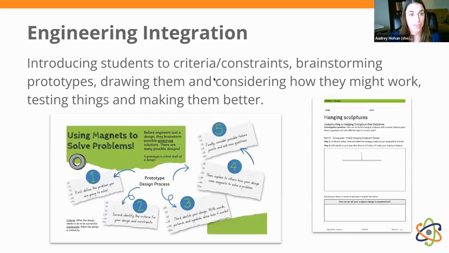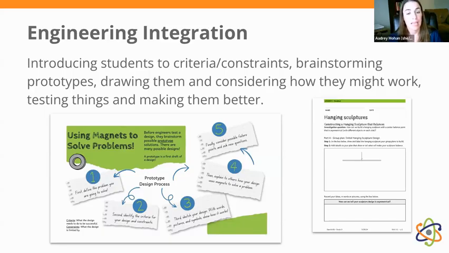And then of course we introduce engineering in this unit. 3rd grade is such a big engineering year. So this first integration of engineering is from an artistic perspective around designing sculptures to meet certain criteria and constraints. And it's not until the last lesson that they are trying to solve a problem that they see in the world using magnets.